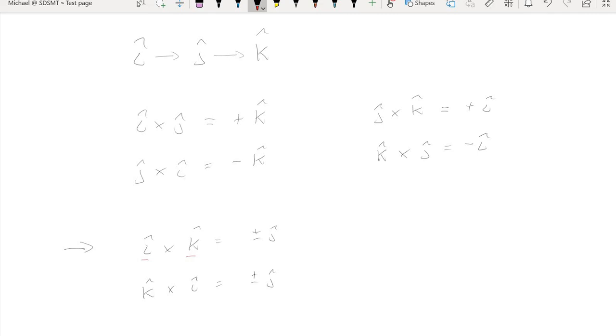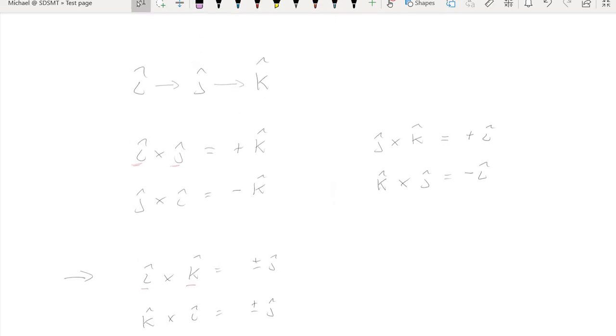What we want to do whenever we evaluate these cross products is ask ourselves, what's the quickest way of getting from that first letter to the second letter? In the case of I cross J, well, I start at I and I just go directly to J. But in the case of I cross K, what's the quickest way of getting from I to K?